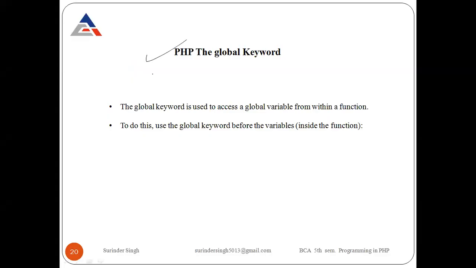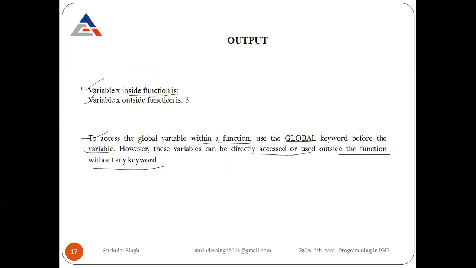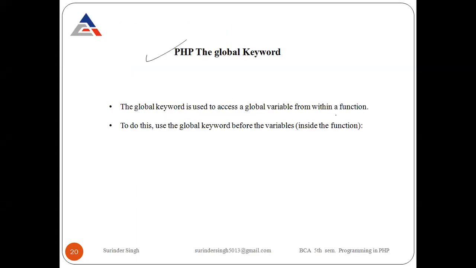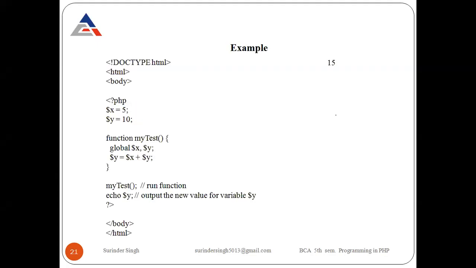Next, global keyword. Here we see about the global keyword. If you want to access a global variable in any function, then you have to use the global keyword before the variable name. Here is the example.